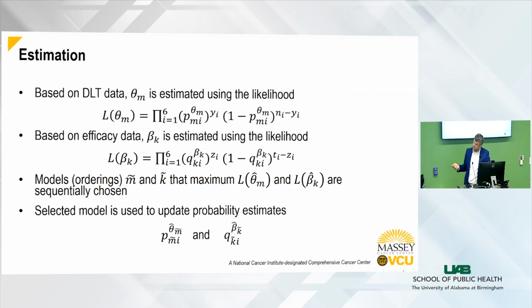And then ZI is the number of responses I've seen at dose pair I, and TI is the number of patients that have been evaluated for efficacy at that particular dose pair. Okay, so I have these two likelihoods.